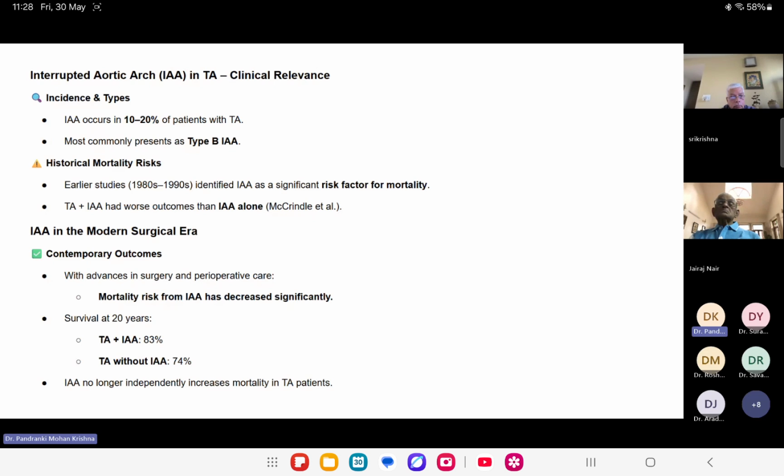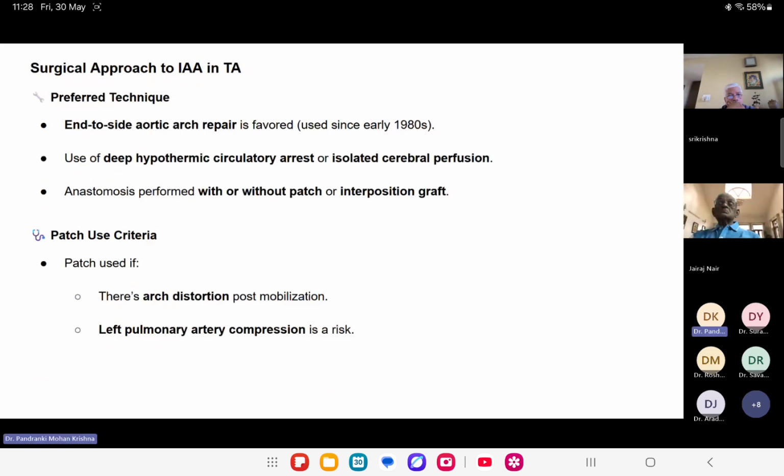Survival at 10 years is 83% for truncus arteriosus with interrupted aortic arch and 74% without, and the p-value is not significant. That means both are the same. So it's no longer a risk factor.